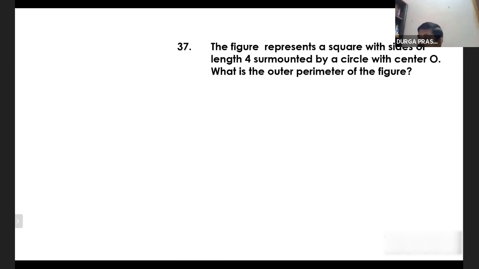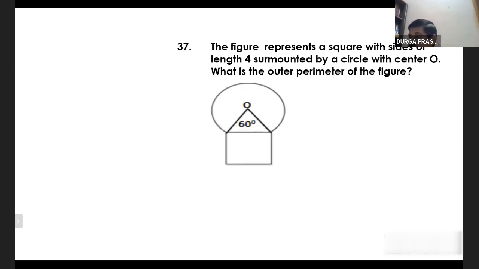So let us go to the next question. The figure represents a square with side of length 4. So this is 4, this is 4, this is 4, and this is 4, surmounted by a circle with center O. What is the outer perimeter of the figure? So simply we should find out the radius.